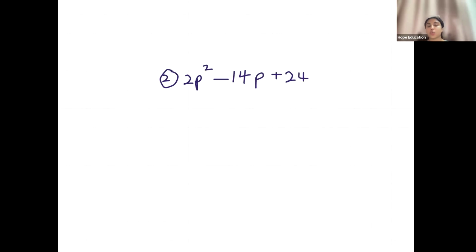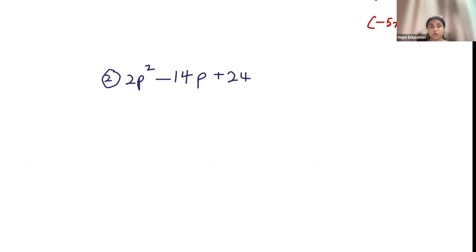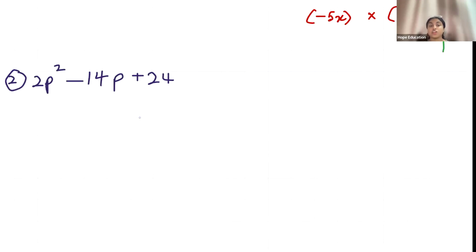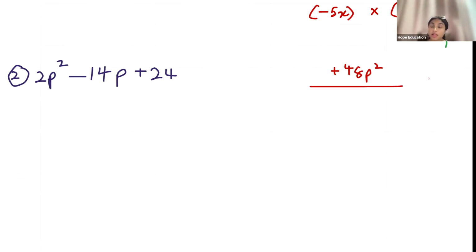So 2p squared multiplied by 24. Sorry, 2 times 24 is 48. So that would be plus 48p squared. There are so many different ways, right? 1 times 48, 2 times 24, 3 times 16, 4 times 12, 6 times 8.